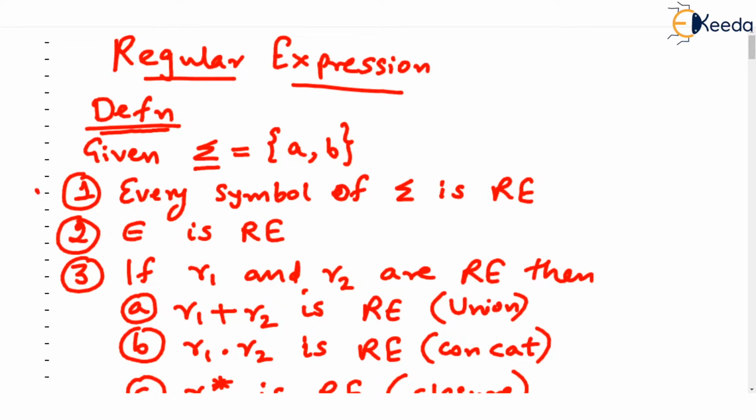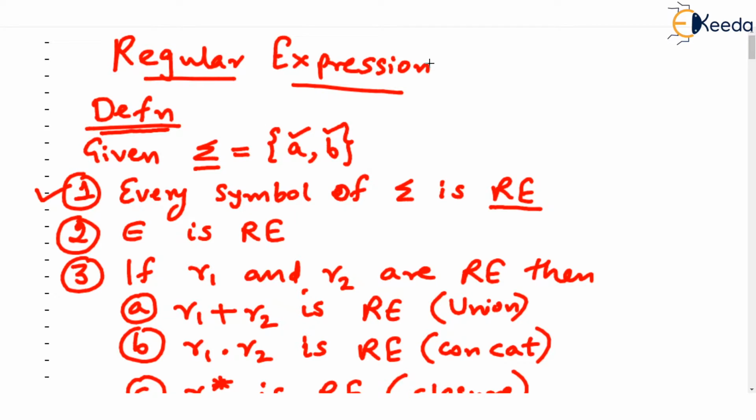First point in the definition says every symbol of sigma. What do you mean by every symbol of sigma? Yes, A, B. If you take any symbol of sigma, then that symbol itself is a regular expression. Come again.